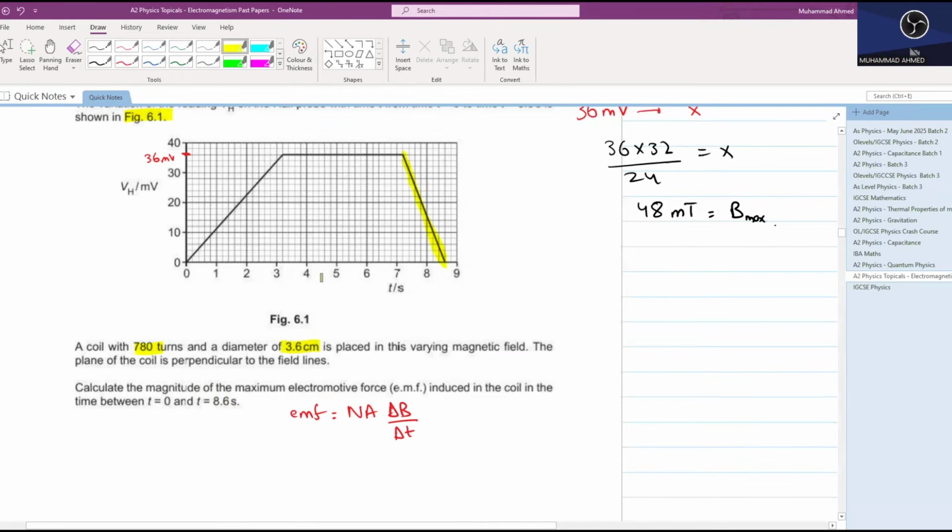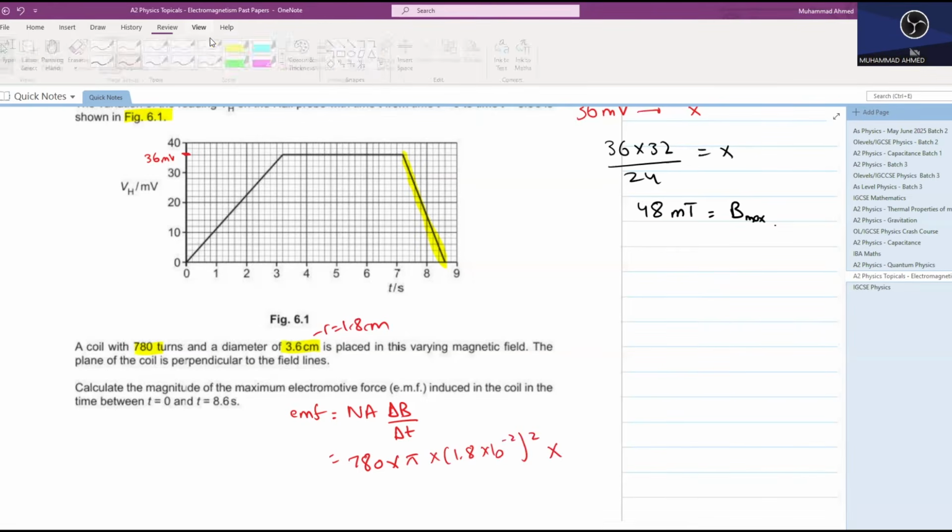This line has the maximum gradient because it is the steepest line. Positive and negative doesn't matter for now. What is your value of N? 780. What will be your area? Pi into this is diameter, so radius will become what? 1.8 centimeters. So pi into radius, that is 1.8 into 10 raised to the power of minus 2, whole squared.